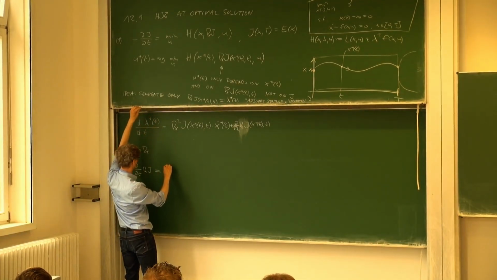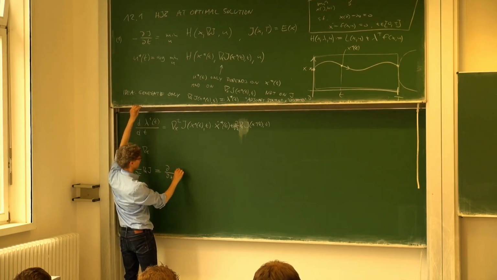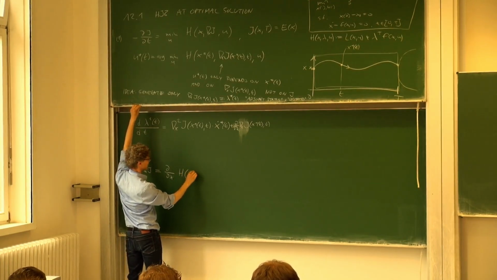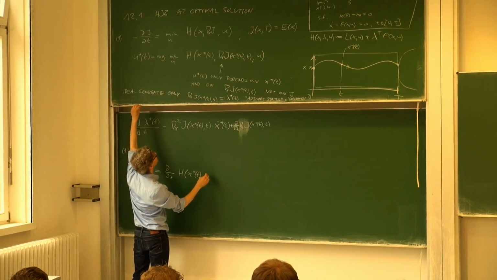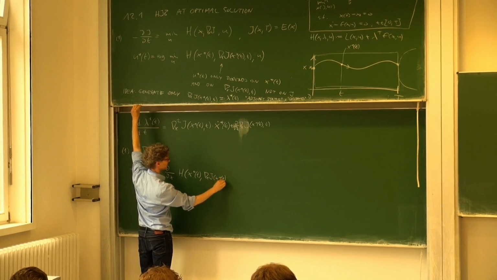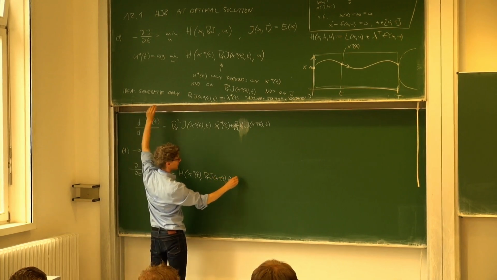The first thing is I have here, maybe I write it first. So here what I will have is d by dx of the Hamilton-Jacobi-Bellman or this Hamilton function evaluated at x star of t, comma, gradient of x of J of x star of t, comma t, comma u star.